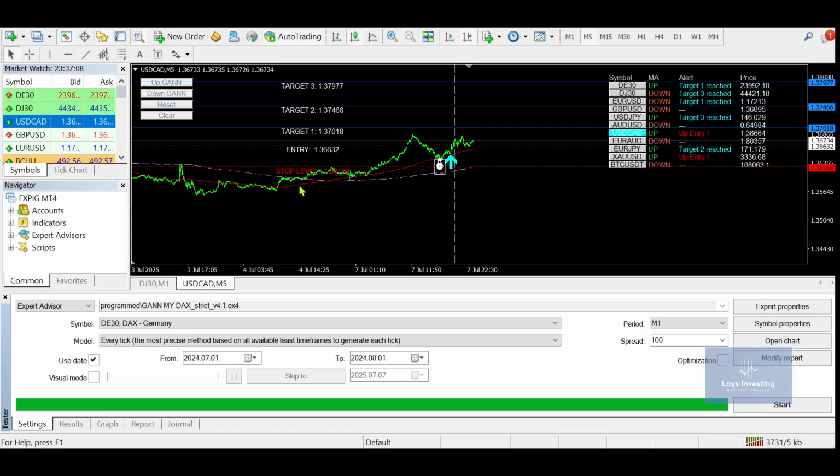I disabled the setting for daily target because on a daily basis you can get 0.2%, but you can also get 4%.